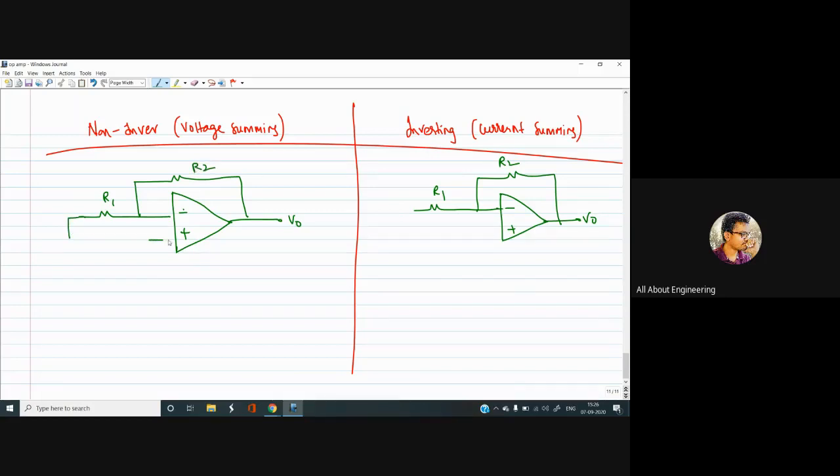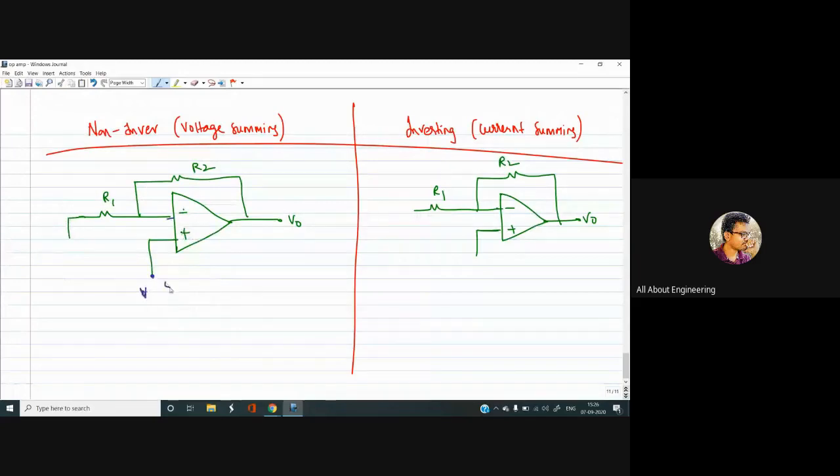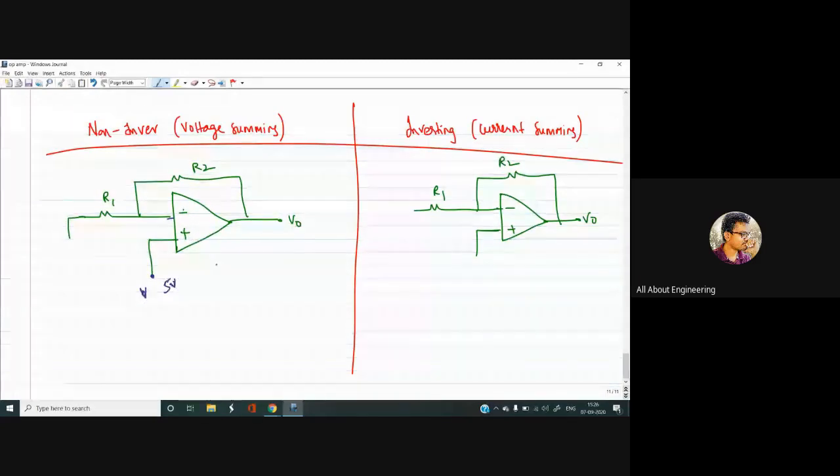In the first case, as it is the non-inverting terminal, let me give the input at this point. Let me take 5 volts here. In the second case, as it is the inverting terminal, let me give the input here, 5 volts. Then this would be grounded and this would be grounded.